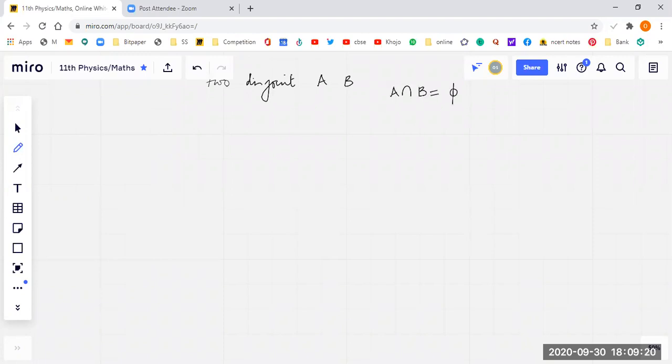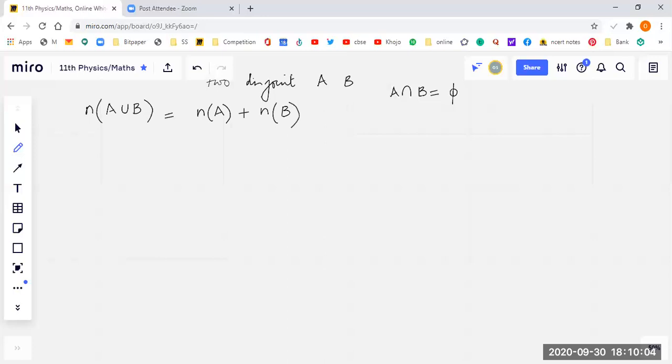So we can define number of elements in the set A union B is equal to just number of elements in A plus number of elements in B. Very simple, nothing else. This simply means that number of elements in two disjoint sets where nothing is common is simply the sum of number of elements in the individual sets.